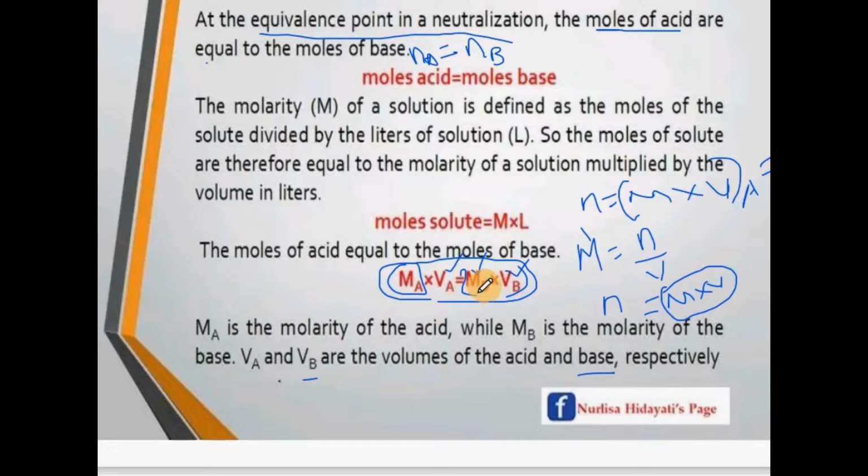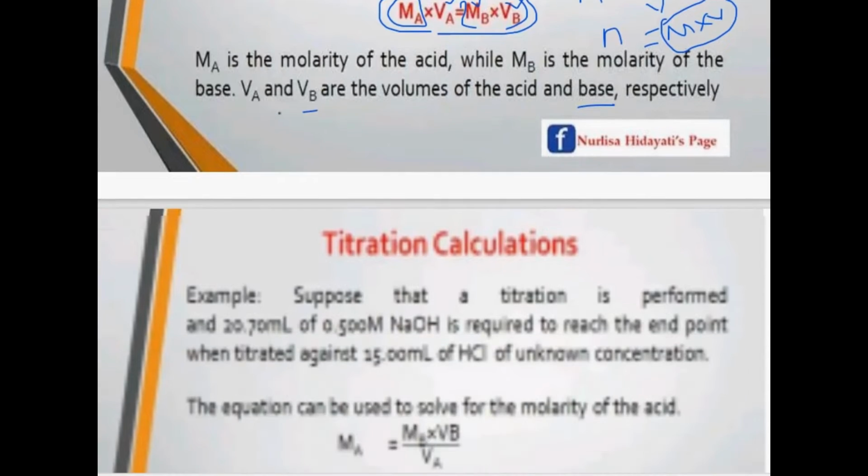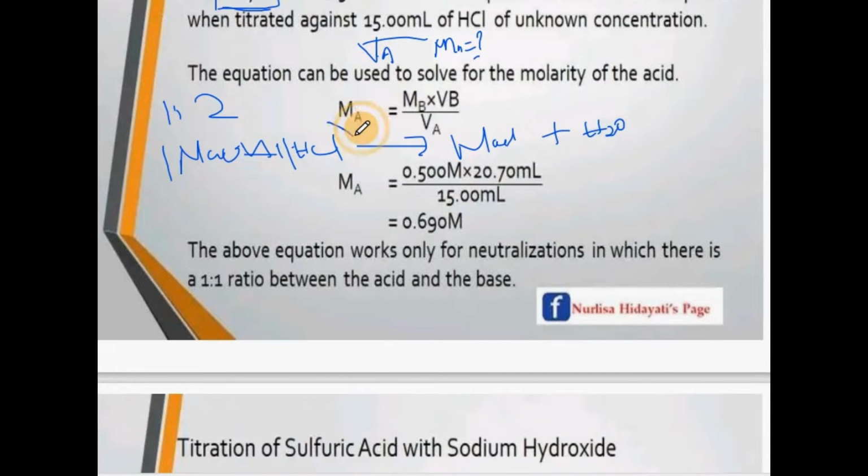Then we do everything here. It means the number of moles of the base needed to neutralize the acid is twice. So we need 2 times the number of moles of the base to neutralize just 1 mole of the acid. Take note: the expression we use straightforwardly only works when the stoichiometric coefficient is 1:1.